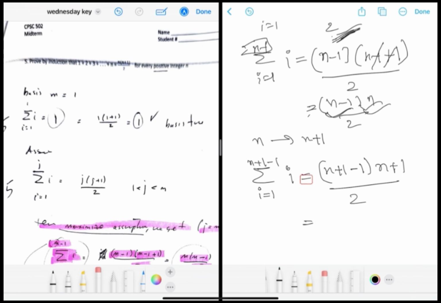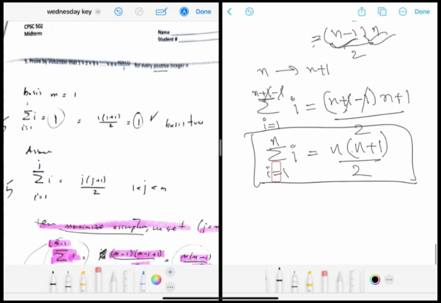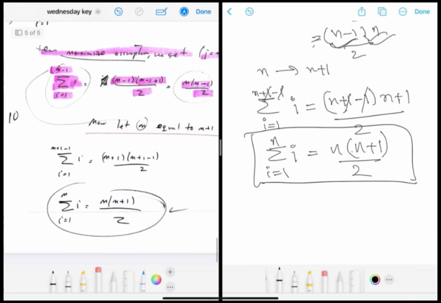So that is going to be sigma I equals 1 to n of I, equal to n, n plus 1 by 2. That is what we were trying to prove. So hence proved. That is all for the fifth question.